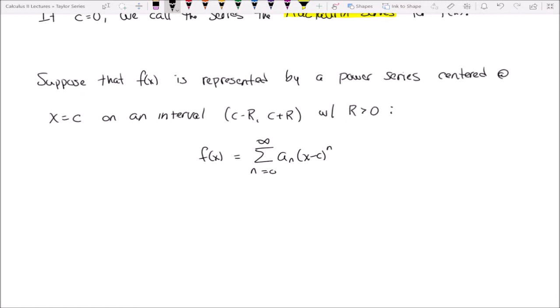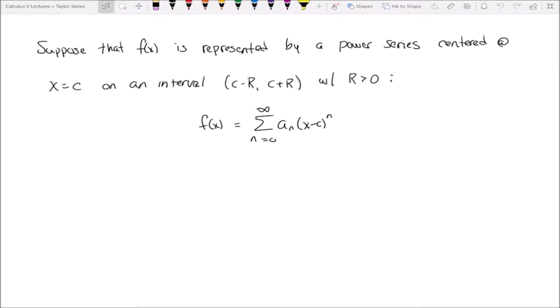What we're going to do is differentiate this now, term by term. So start with f of x. I'm going to write this out in its expanded form.